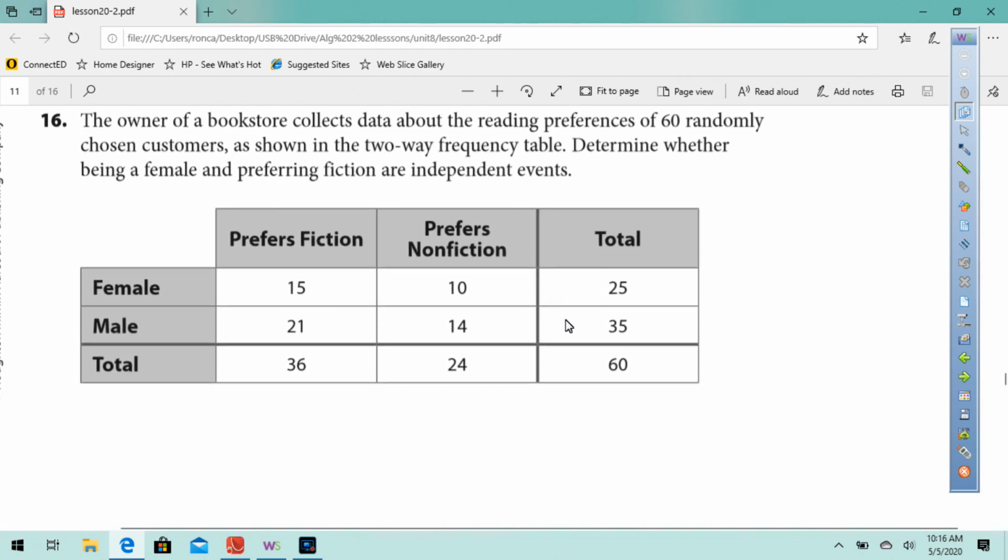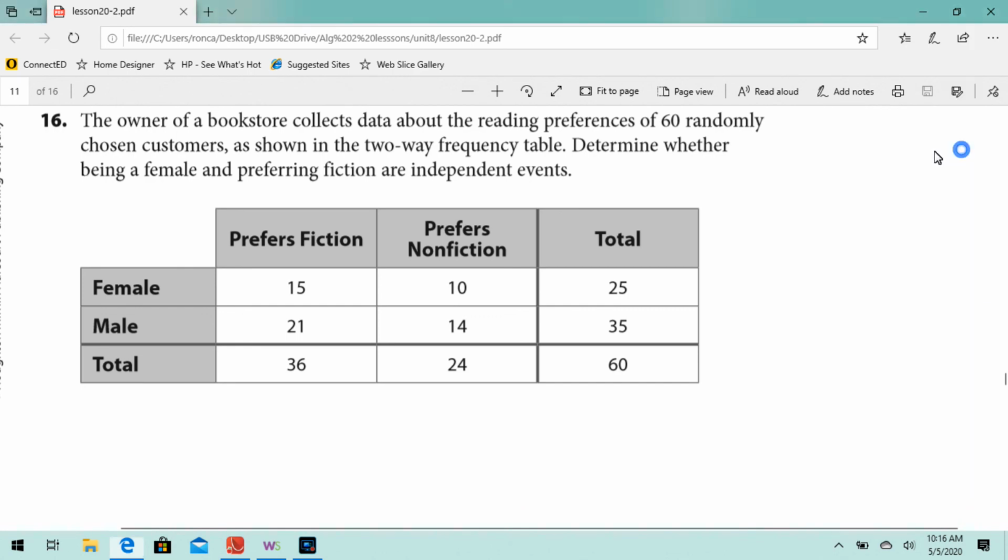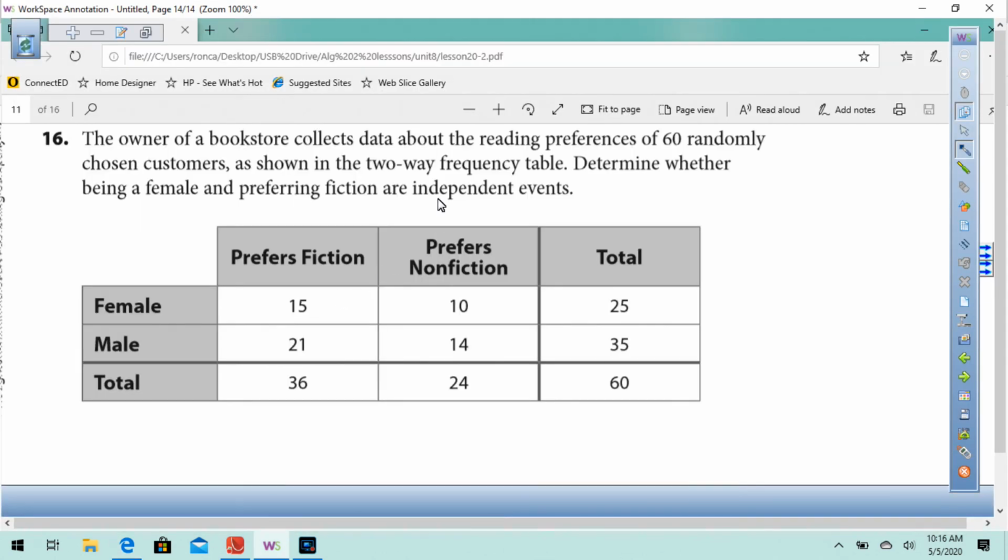16. The owner of a bookstore collects data about the reading preferences of 60 randomly chosen customers, as shown in a two-way frequency table. Determine whether being a female and preferring fiction are independent events. So we'll say FE for female, and we'll say fiction, we'll call that FI. Okay? All right.